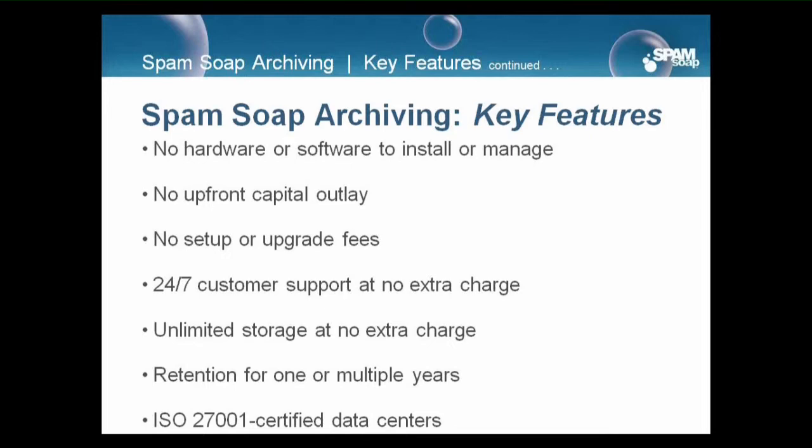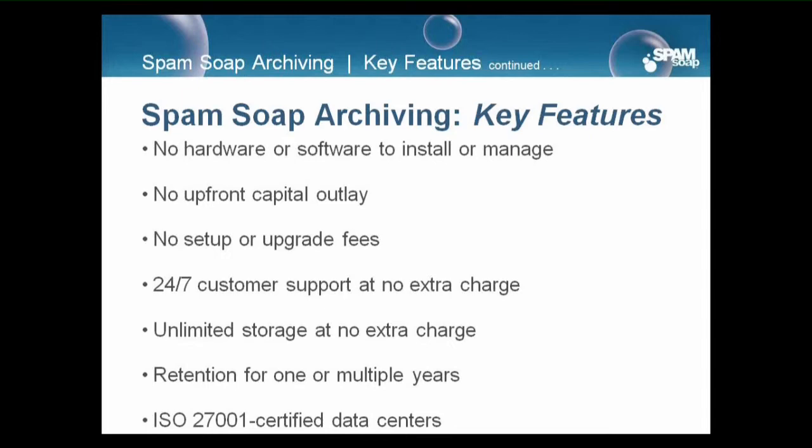There isn't any upfront capital outlay at all. There's really no setup or upgrade fees to get it set up with archiving, and it is 24/7 support on the network side. So if you have a network issue with it, you certainly can track back and get support on it. From a data center perspective, the data centers are ISO 27001 certified. What that means is that if you're compliance driven for archiving, and someone says, well, what is your structure?